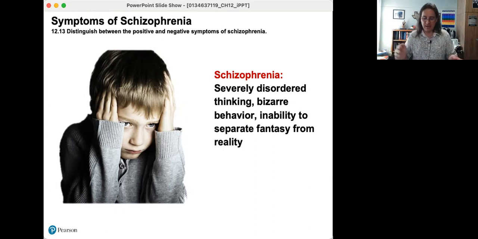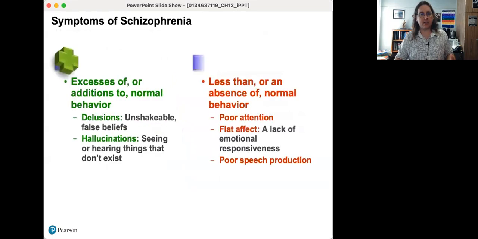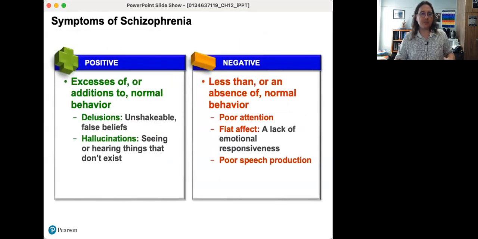So anyway, it can take many forms, but just know that a lot of it is usually overfiring of the dopamine neurotransmitters that create the sense of reward for them for acting and believing things that aren't necessarily in reality. So within schizophrenia, we have positive and negative symptoms that we look at.